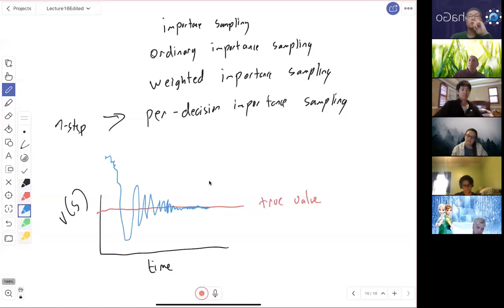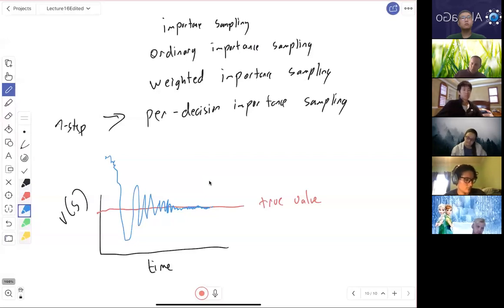The tree backup is going to give us these smaller and smaller variations. If we just use the tree backup, we'll eventually get to both the true value and a low variance. So let me look at an example.